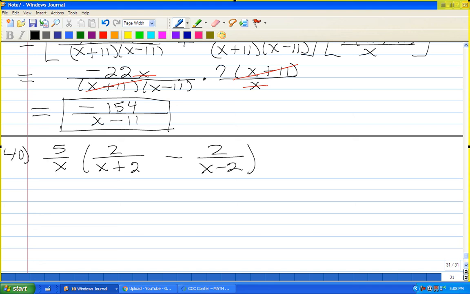Okay, so I guess I have to simplify what's inside the parentheses. So let me get a common denominator. The common denominator is x plus 2 times x minus 2.